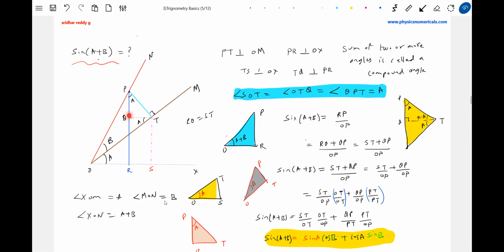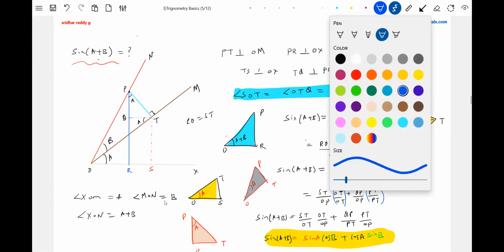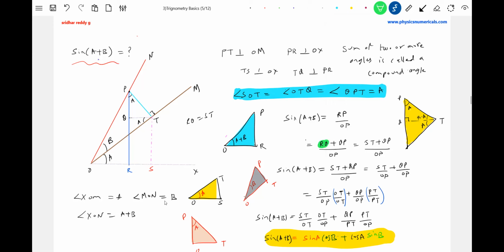This RQ is parallel to TS, and both are of equal length: RQ equals ST. So we replace RQ with ST. Then sine of A plus B is ST plus QP over OP, which is ST by OP plus QP by OP.